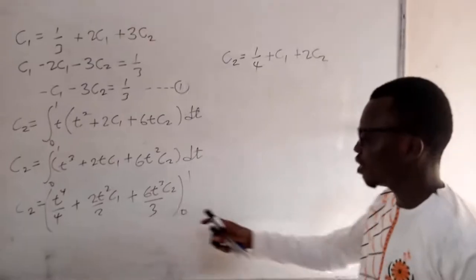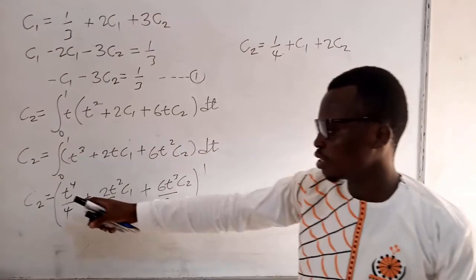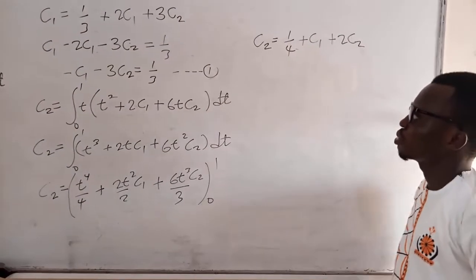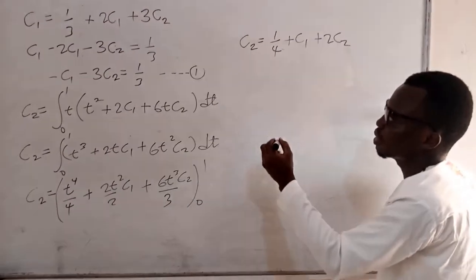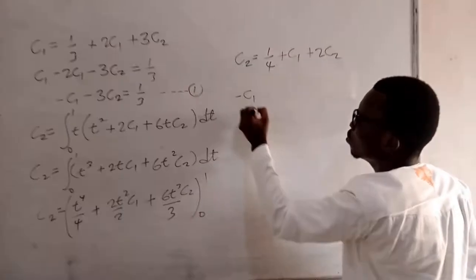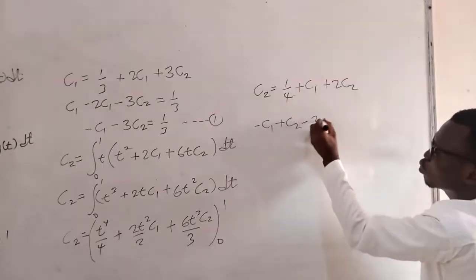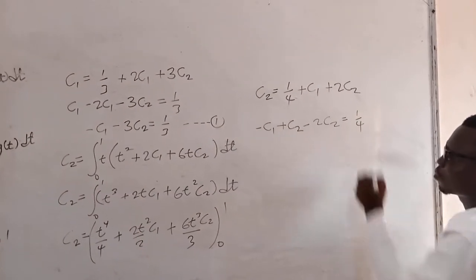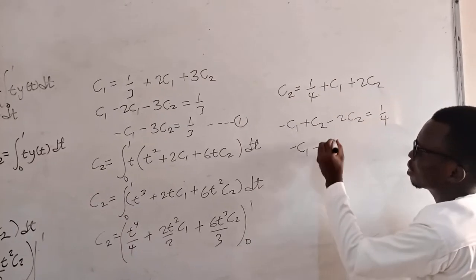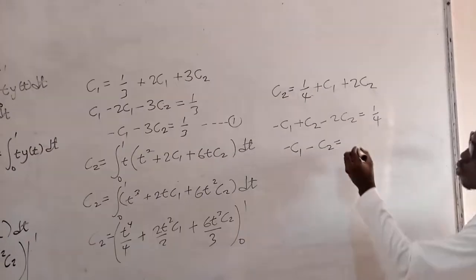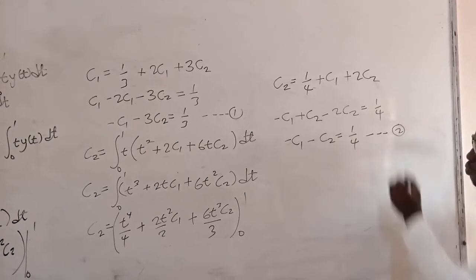If you evaluate at 0, everything becomes 0 because each term has t in it. Now let's move all the constants to the other side of the equation. I'm going to have minus c1 plus c2 minus 2c2 equal to 1 over 4. This is the same as minus c1 minus c2 equal to 1 over 4. Let's name this our equation 2.